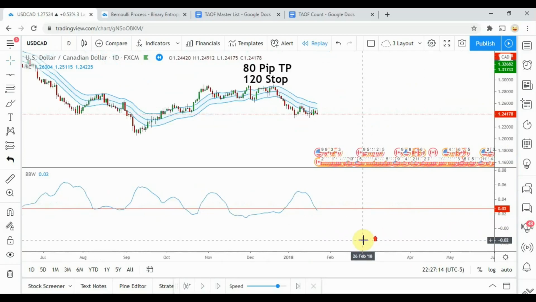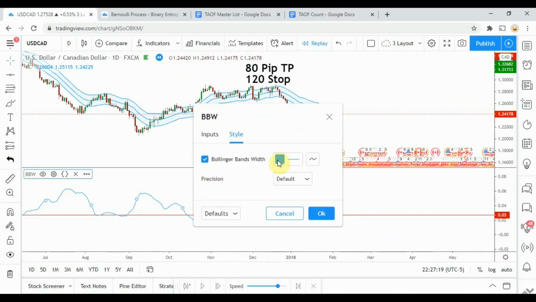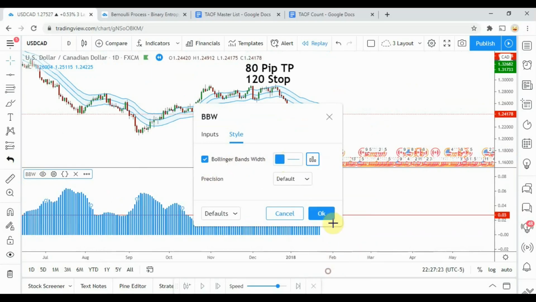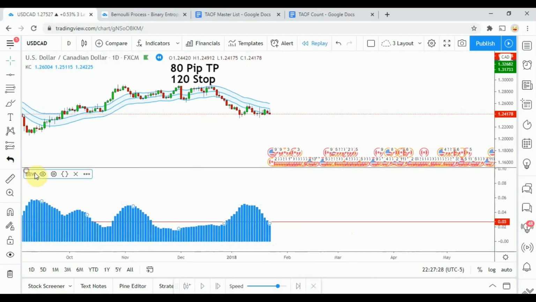And what I have done in this particular case is I have gone in and changed it from a line to columns.